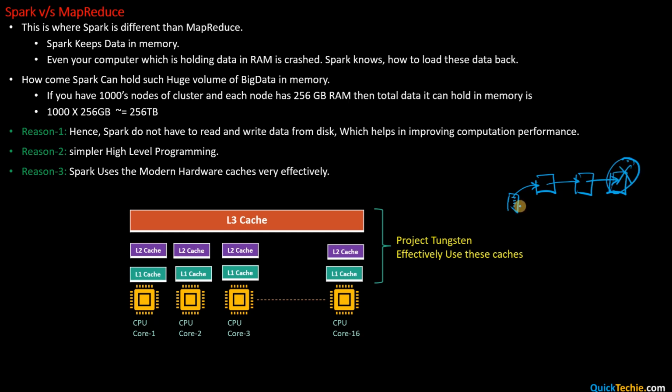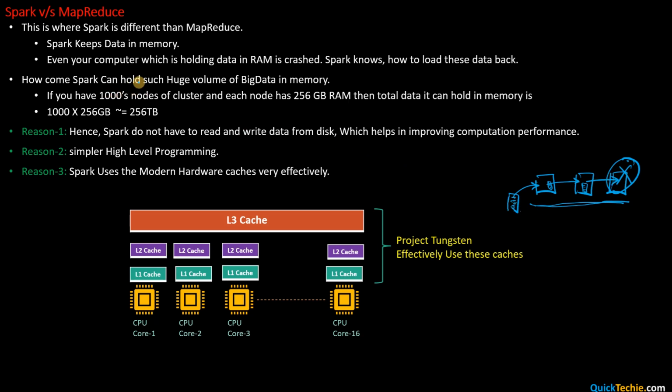Spark still knows how to regenerate this data, because it maintains the entire graph of calculation to regenerate the data. So that is one feature they provide, and they keep all data in memory, so they don't have to read again and again from the disk.